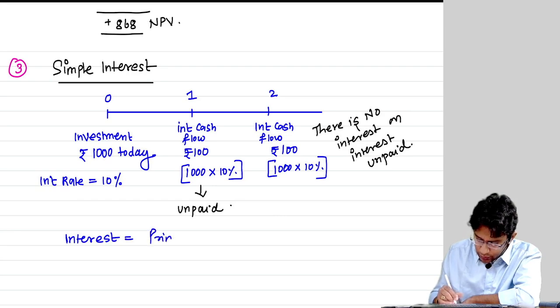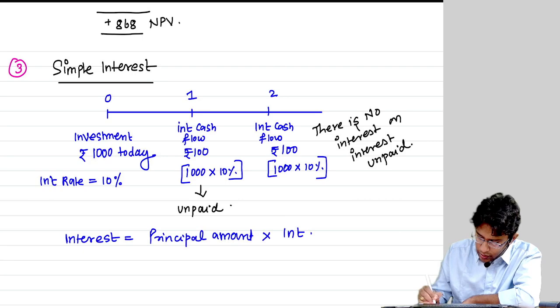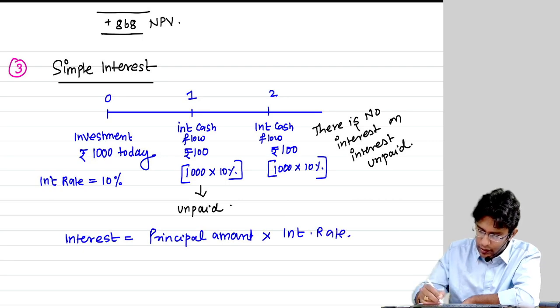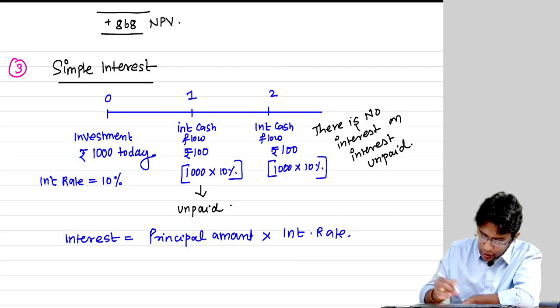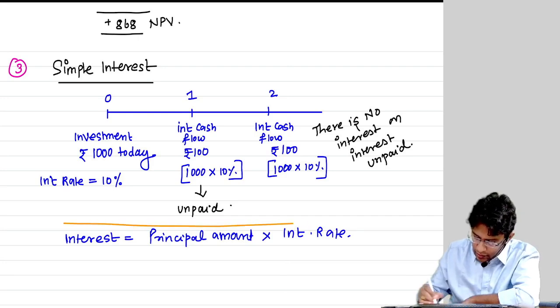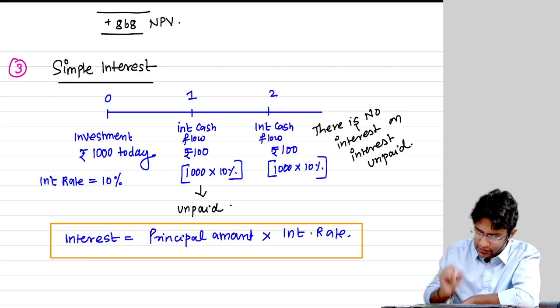Interest is equal to principal amount into interest rate. That's all, sir. This is the only formula you have to understand. This is the simple interest concept.